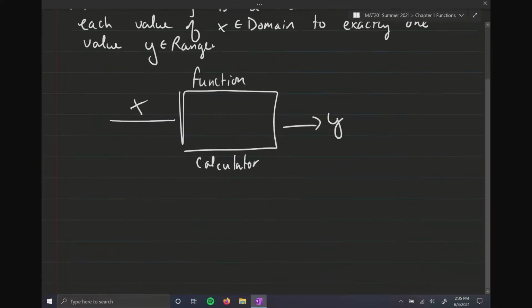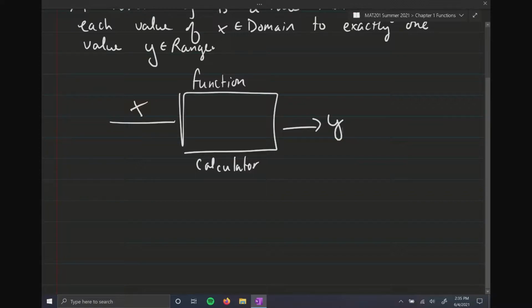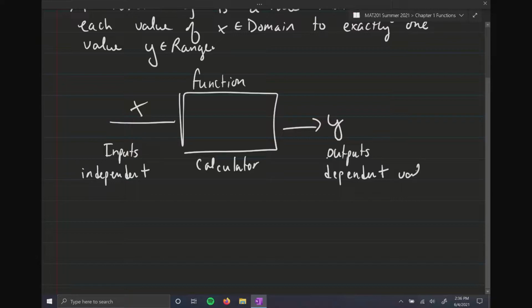And let's also recall that the inputs, so I'm going to come over here to the left, the inputs are also considered to be independent values. The outputs are also called the dependent value also. And if my handwriting is not that great, just email me, let me know, and I will slow down a little bit. Okay?